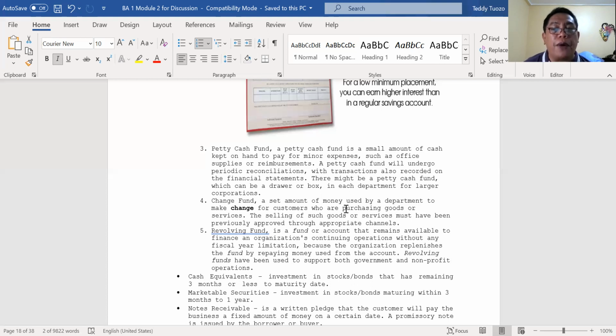The next, revolving fund, is a fund or account that remains available to finance an organization's continuing operations without any fiscal year limitation, because the organization replenishes the fund by repaying money used from the account. Revolving funds have been used to support the government and nonprofit organizations. In reality, class, is the revolving fund still applicable to businesses? Of course, probably not, if they're using checks, because anytime they can issue checks and have cash with the bank, of course, if there are bigger amounts set aside for the purpose.